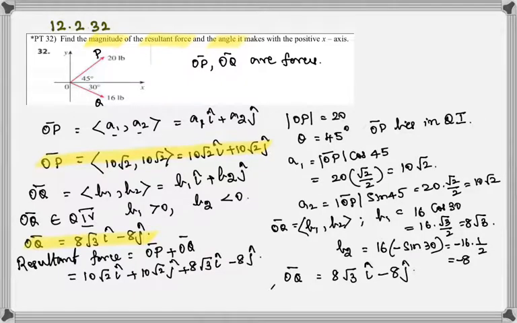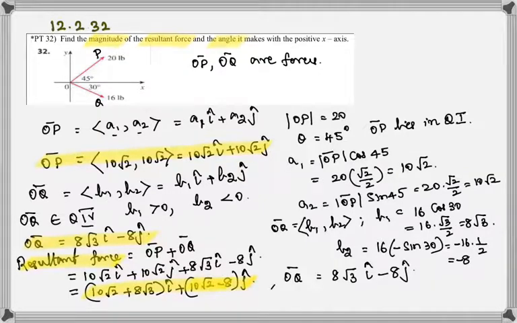If I add the i components, it's 10 radical 2 plus 8 radical 3 i, plus 10 radical 2 minus 8 j, combining the i's and the j's. So this is the resultant force.